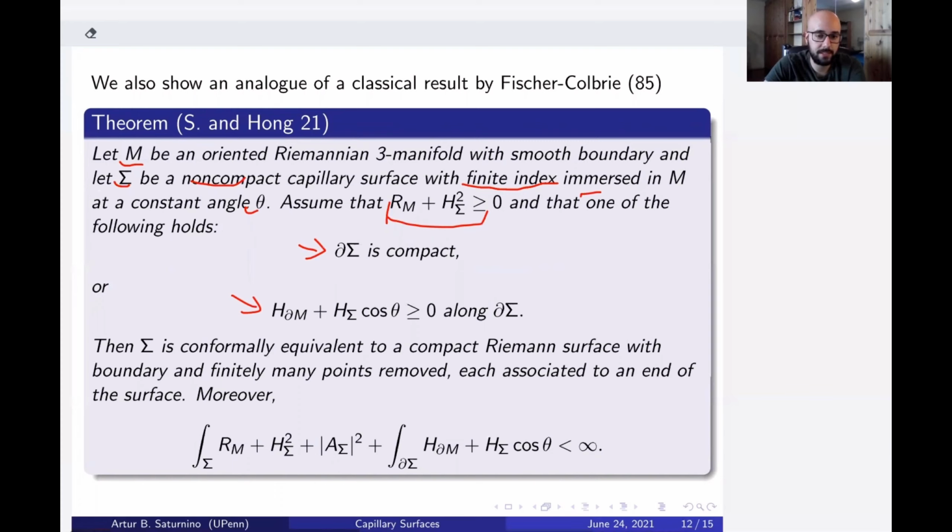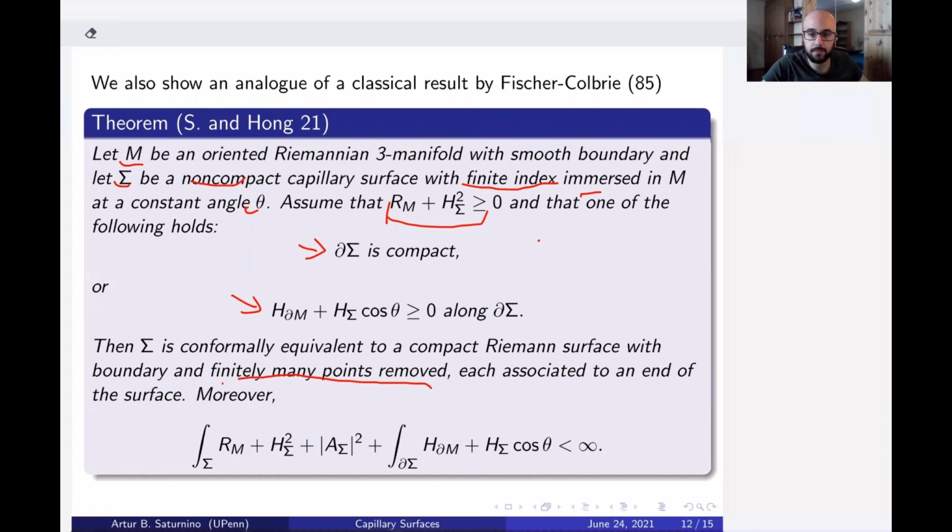Then we conclude that sigma is conformally equivalent to a compact Riemannian surface with boundary and finitely many points removed. So we're not removing disks here for each end, we're just removing points, which is very nice for constructing functions.